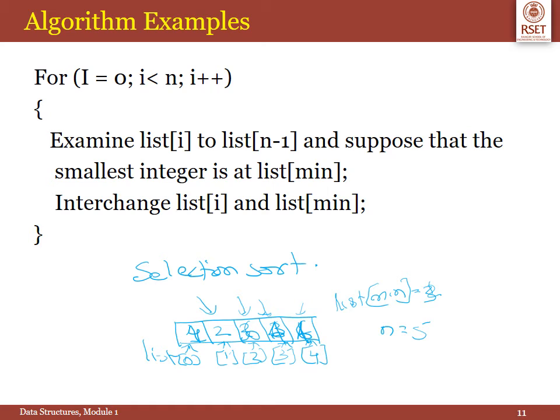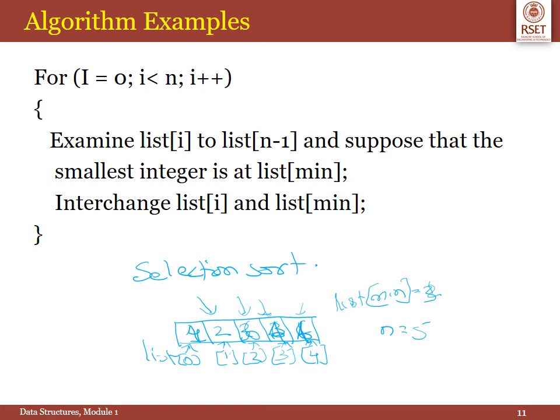and I try to examine from list[i] to list[n-1], and suppose that the smallest integer is at list[min]. First it will check list[0], it will assign 4 to the min, then it will check 2, then check 6, 3, 1.